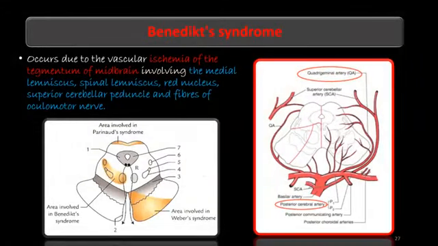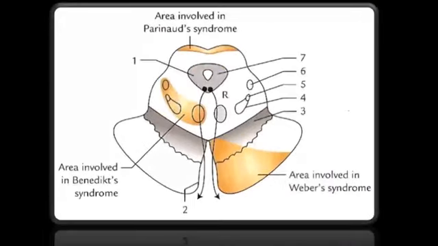We also consider Benedict's syndrome. This occurs due to vascular ischemia of the tegmentum of midbrain. This is the region of the Benedict syndrome. This colored area is the area that will be affected in this syndrome.